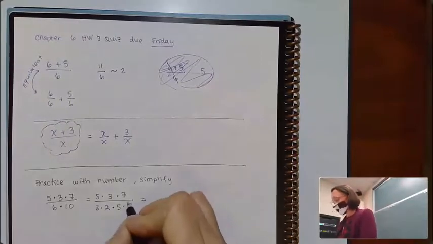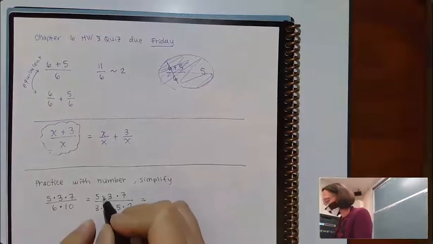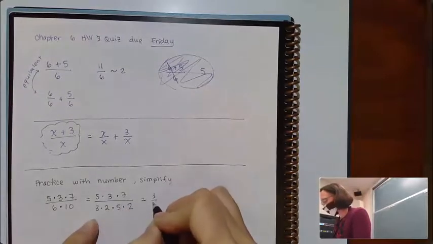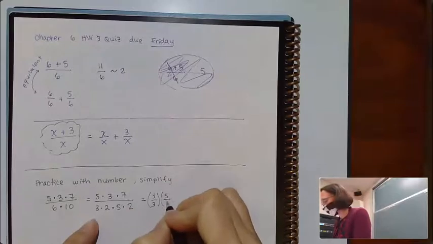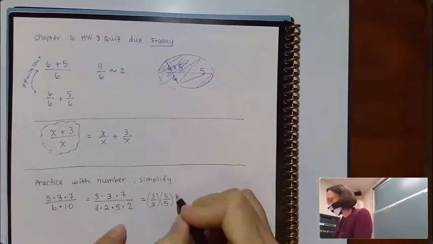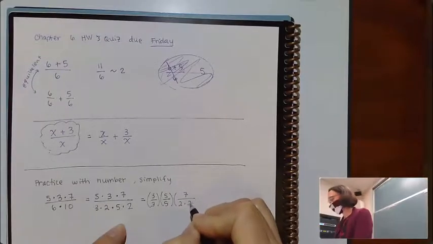I'm going to do one extra step here that is not necessary, but I'm doing it anyway. I'm going to regroup things so that I have multiplication by 1. That 3 over 3, I'm going to group together. And I'm going to group the 5 over 5. And then I'm left with a 7 on the top and the 2 times a 2 on the bottom.